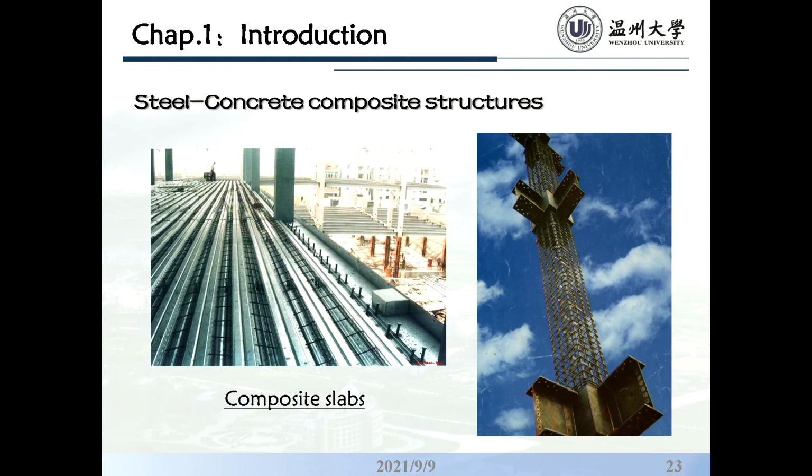If we use concrete here, the volume will be so large. That's the reason some places propose the steel-concrete composite structure. This also belongs to a type of structure here.